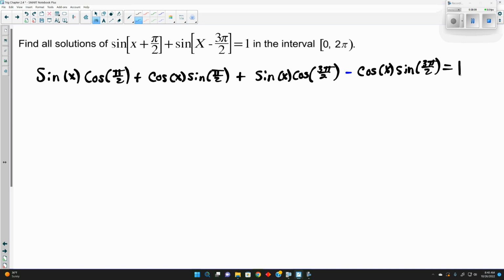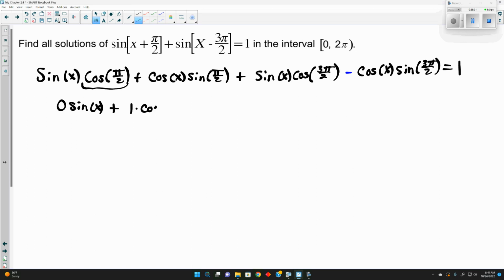Now cosine of pi over 2 here, so that is going straight up, and cosine is 0. So we have 0 times sine of x plus sine of pi over 2 is 1.